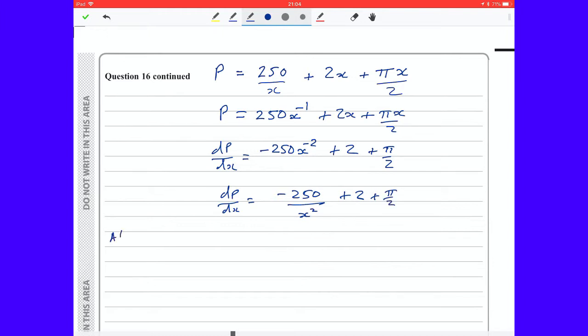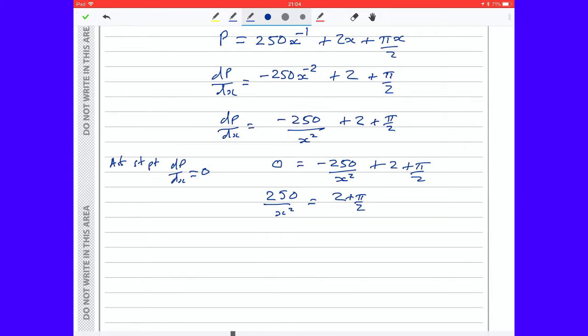Now at a stationary point, dP by dx is 0, which means that 0 equals minus 250 over x squared plus 2 plus pi over 2. Taking the minus 250 over x squared the other side, we get plus 250 over x squared is equal to 2 plus pi over 2. Multiply by x squared and we get 250 equals 2 plus pi over 2, times x squared.